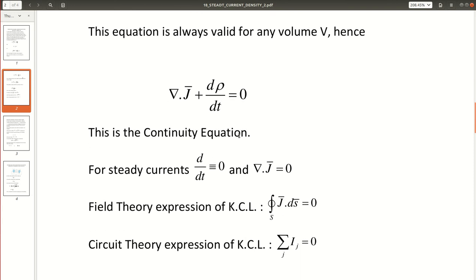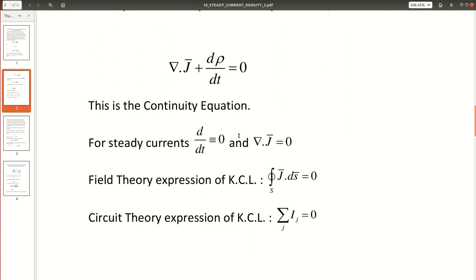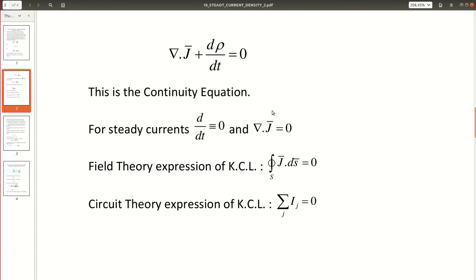It's obvious. For a steady current, the change is equal to 0, and then the divergence of J is equal to 0.